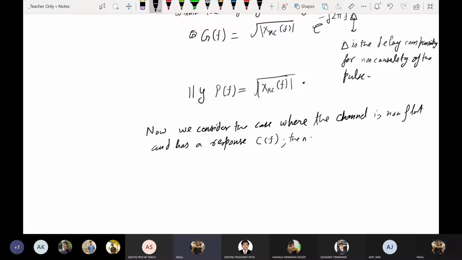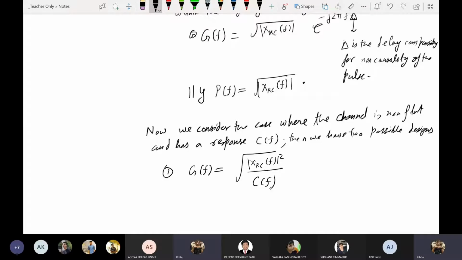Then we have two possible designs. One, G(f) equals root X(f) over C(f), times e^{j2 pi f delta}, not delta f.